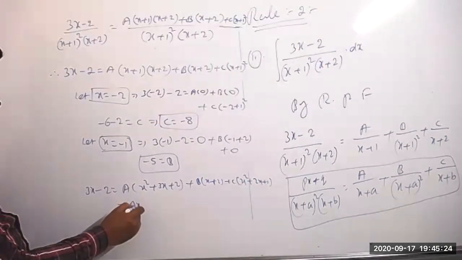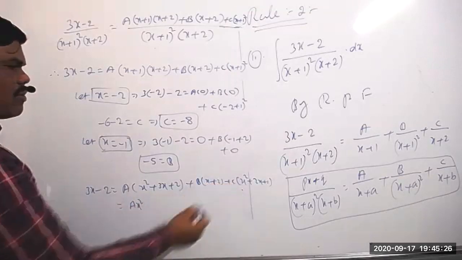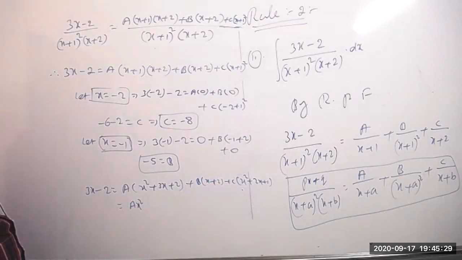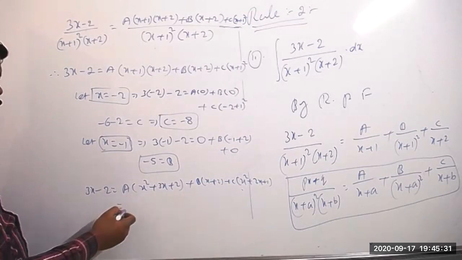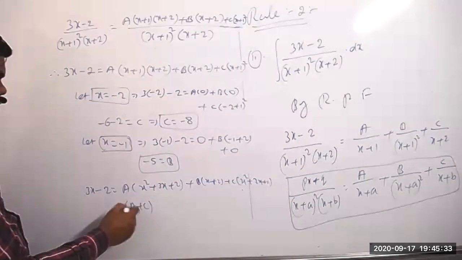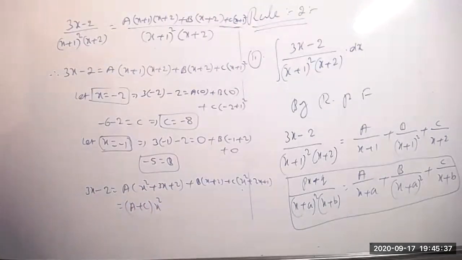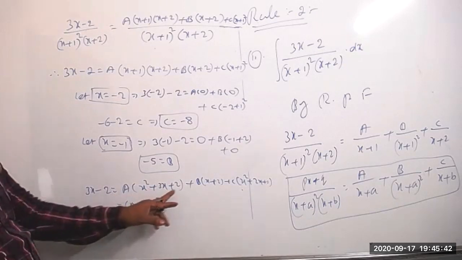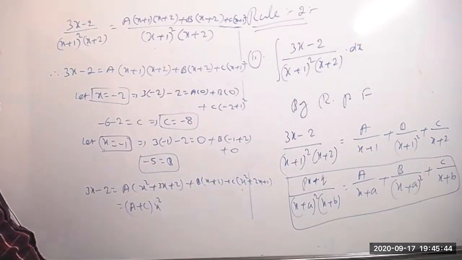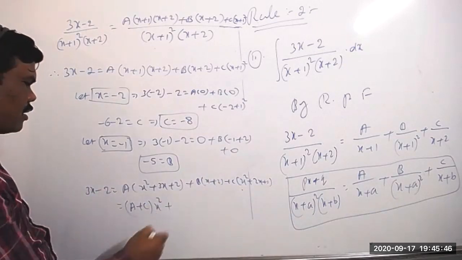Clearly we get ax square here, and from this one we get cx square. So from that you can take x square common. What happens? a plus c into x square. Am I correct? a plus c into x square we got. And if you want x terms also, 3ax plus bx plus... Sir, if we take x equal to 0?